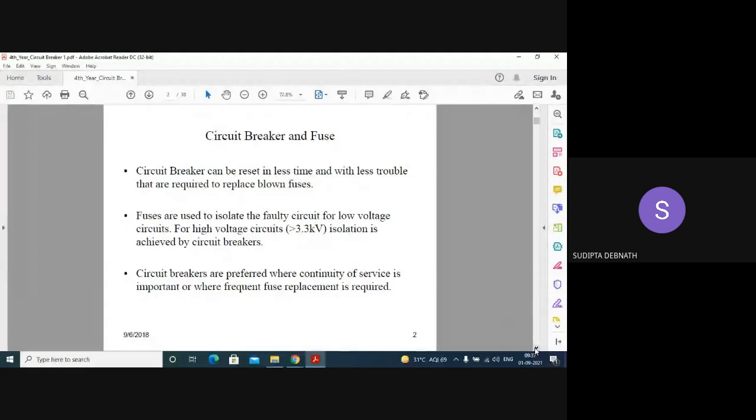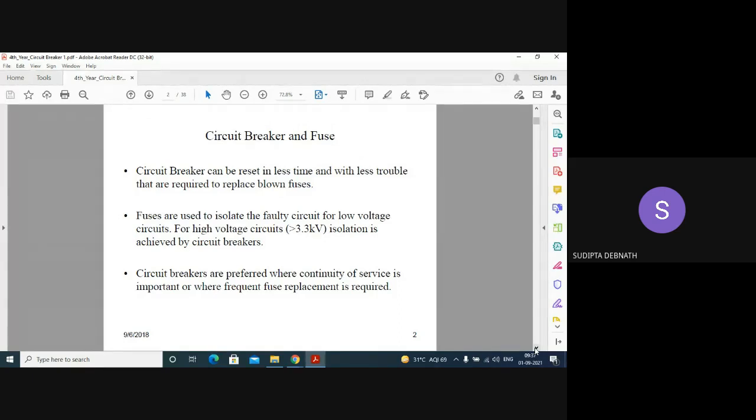Now comparison of circuit breaker and fuse, you can easily understand that fuse should be replaced every time after operation, but circuit breaker can be reset in less time. Okay, there is no such replacement required in circuit breakers.